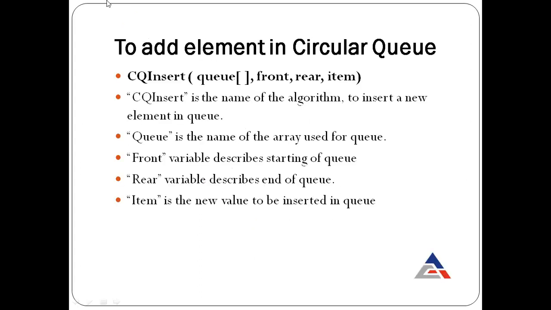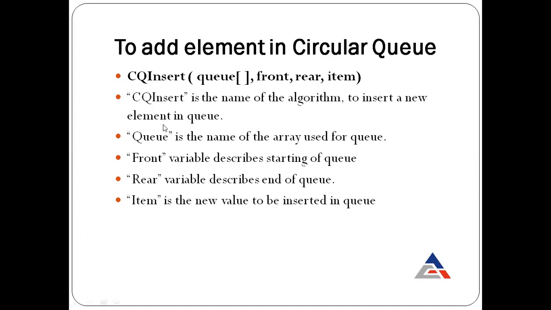Fine. So how to add an element in a circular queue? Let's have the algorithm of that. CQ insert, I call it as the name of my algorithm. Queue, front, rear, item are the important variables I have used in my algorithm.